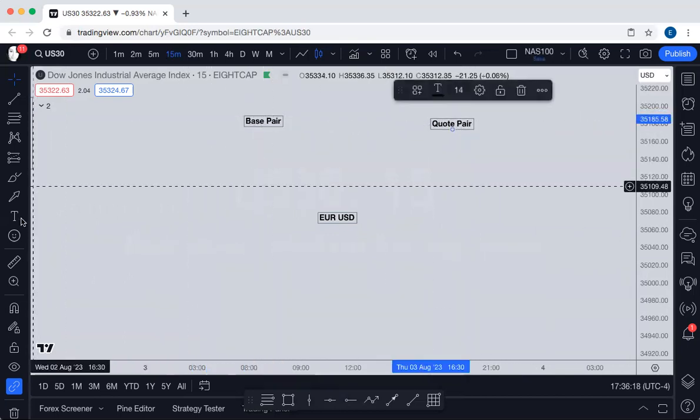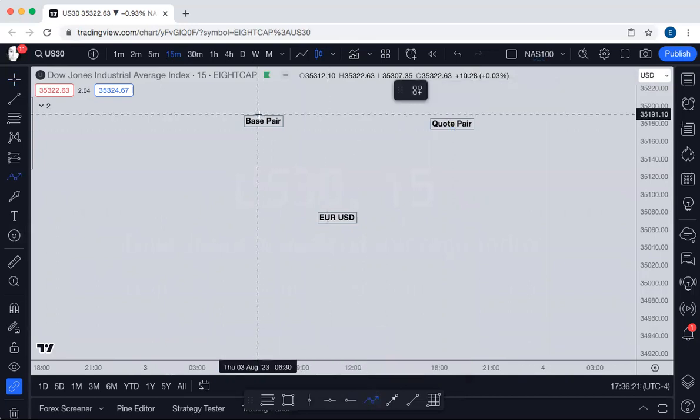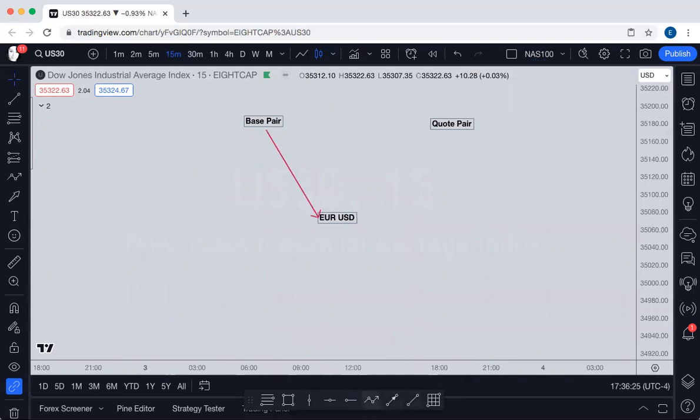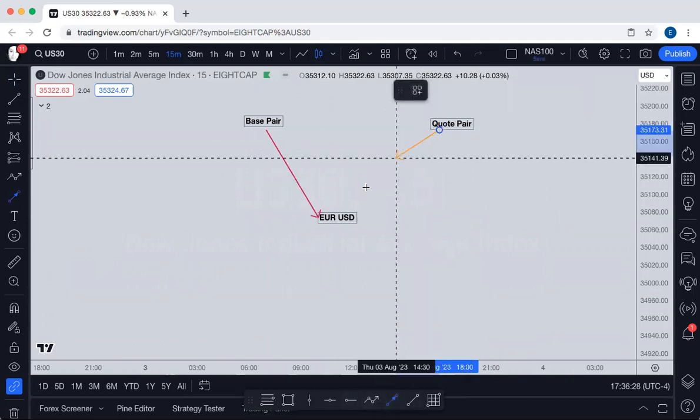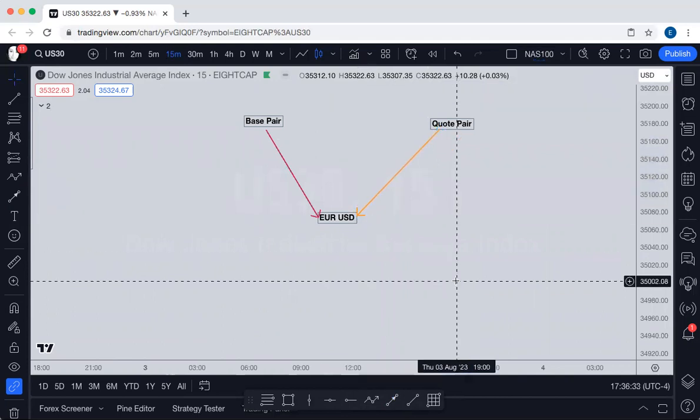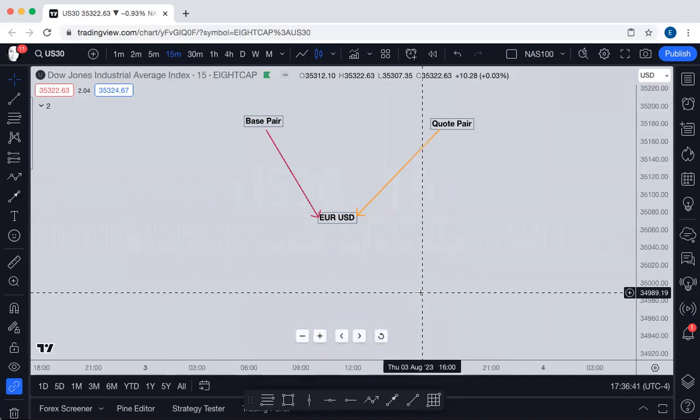Your base pair is always listed first. So here it would be euro, okay? And then your quote pair, what it's being quoted to, in this case is USD, all right? Now, this is a super simple concept. This also helps with news, okay? So if you're looking at these, your base pair is euro and you're quoting it or comparing it to the US dollar.